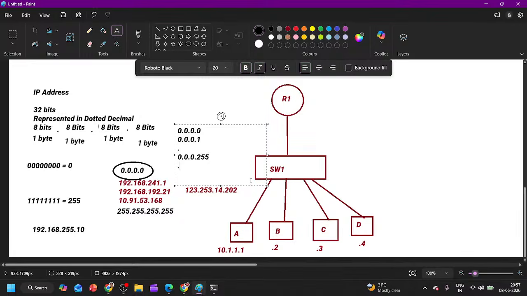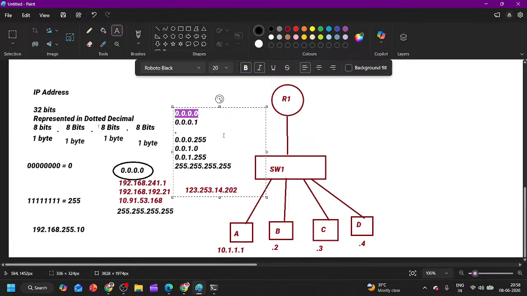After that, the next IP address is going to be 0.0.1.0, then 0.0.1.255, and like this it will go till 255.255.255.255. The total number of IP addresses inside this network is 2 power 32, the total length of the IP address.